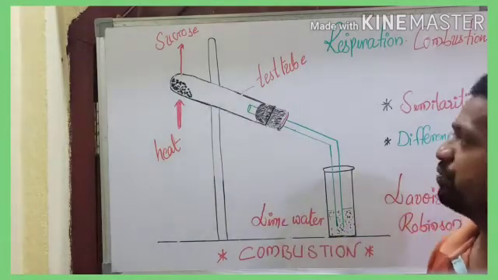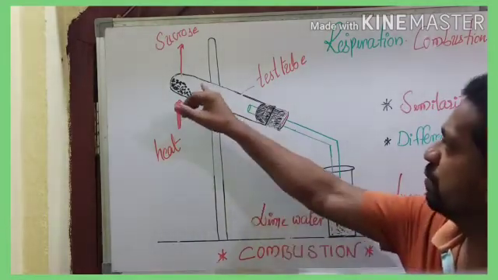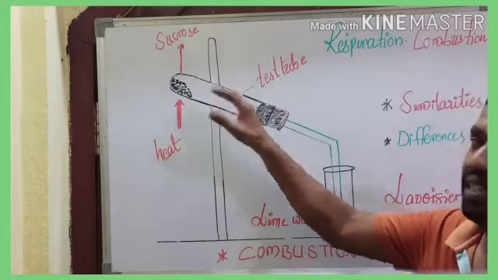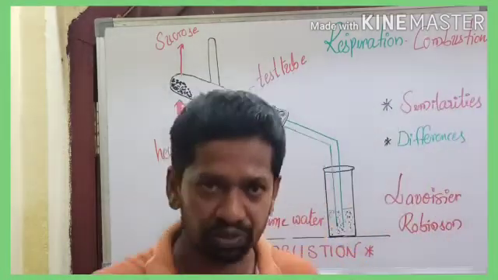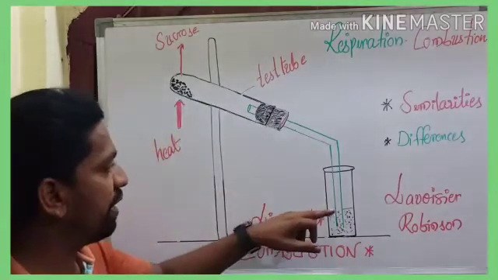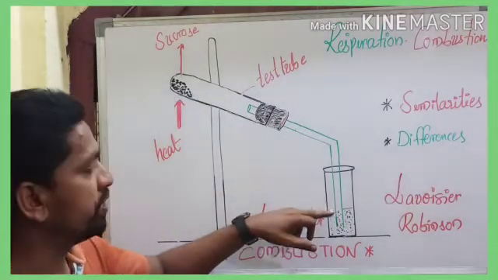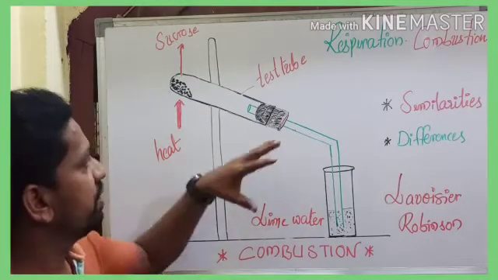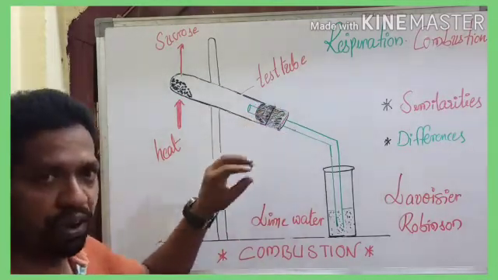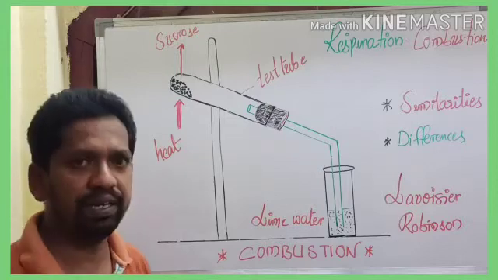At the same time we can see some droplets of water inside the test tube. One more observation: the upper layer of the lime water changed into milky white in color. So this is the process of combustion, nothing but burning.